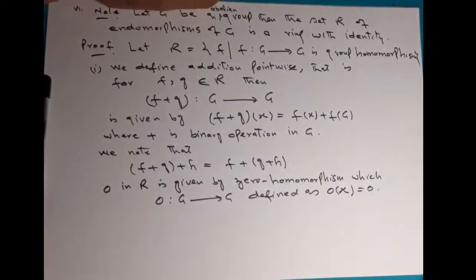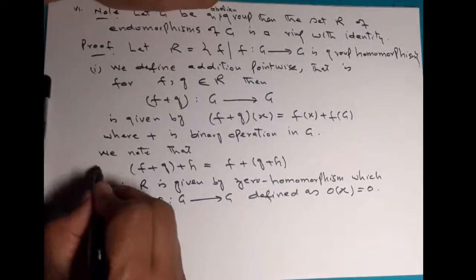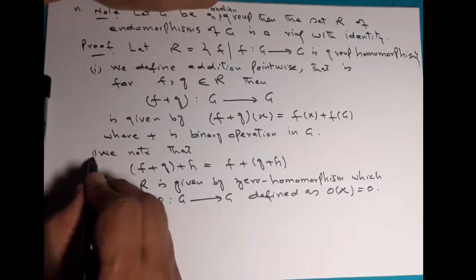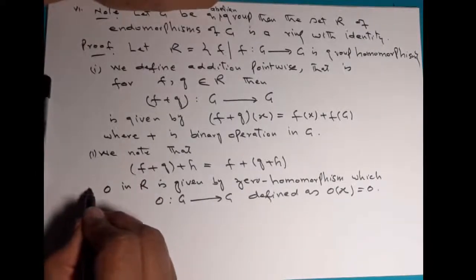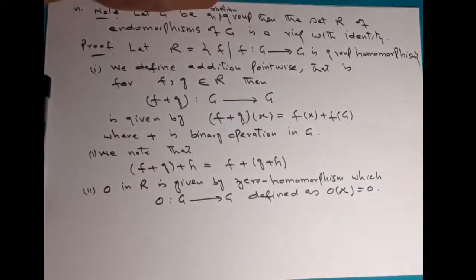So that is 0, or additive identity in R.